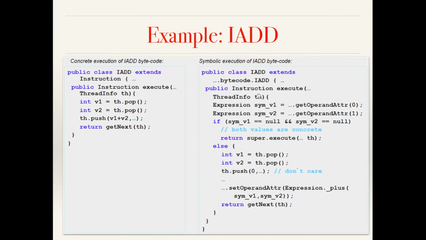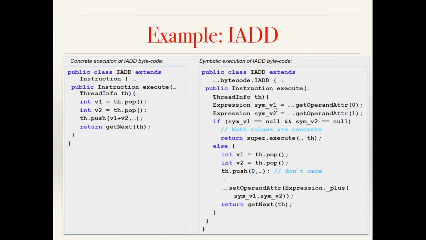Now on the right hand side, I'm showing the symbolic counterpart of this execution. This IADD will extend the concrete class that was inherited from Java Pathfinder, from JPF core. The first thing that we do is try to see if the two values that we need to add are symbolic.